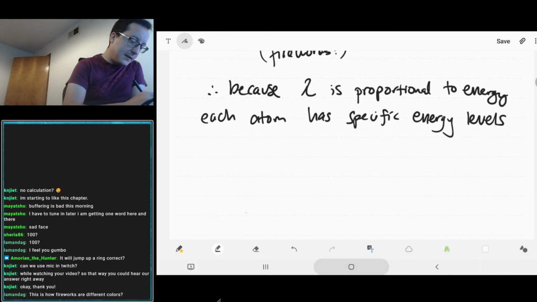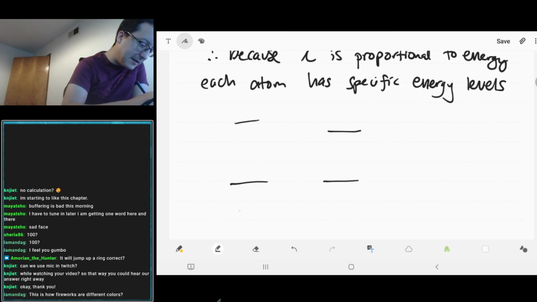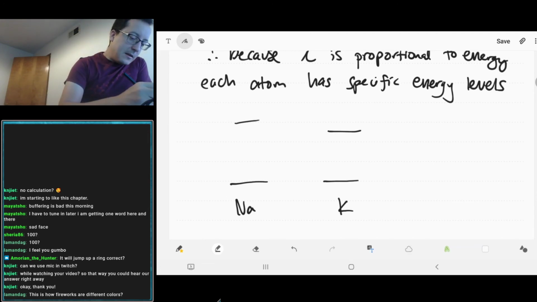And that means, for example, just kind of random ones, let's say this is sodium and this is potassium or something. This is one ground state.